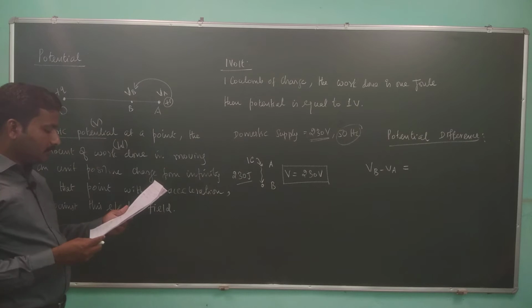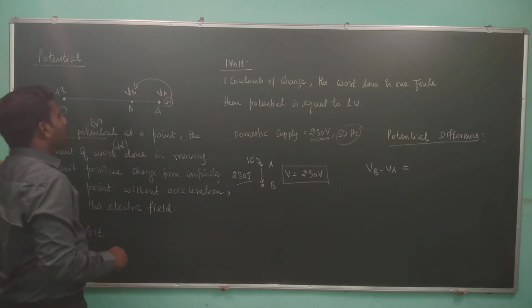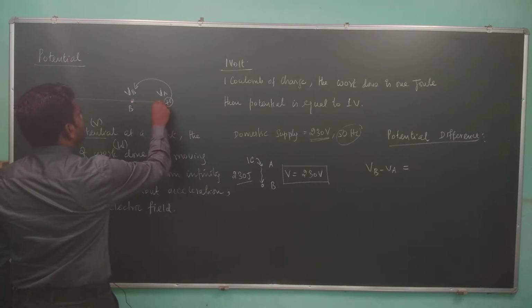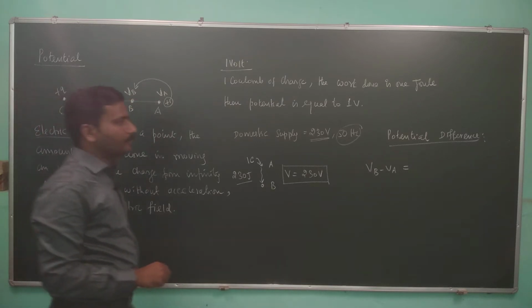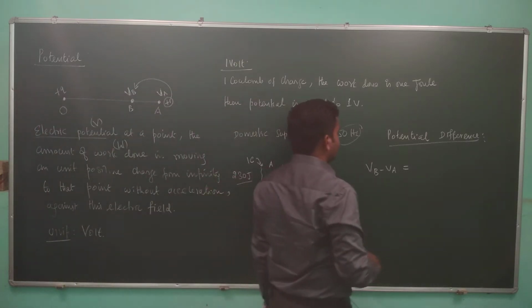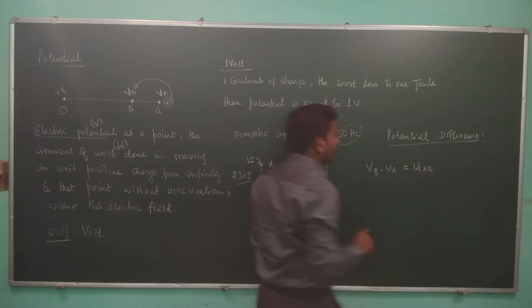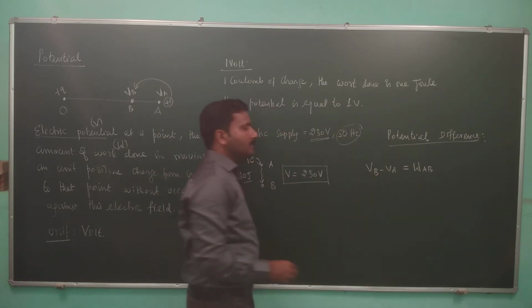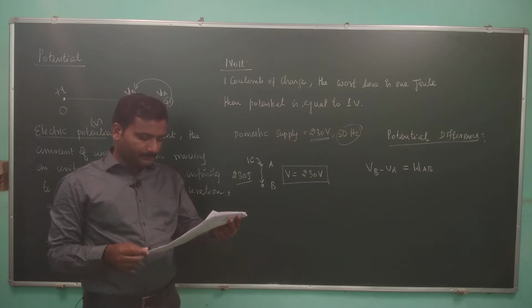This is said to be potential difference. That is the work done to bring a unit charge from one point to another point. That is said to be potential difference, which you can say W A to B, which is the difference between the potential at point B and point A.